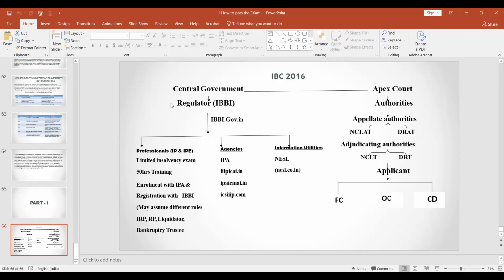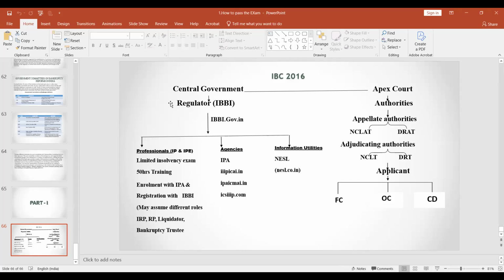So this is something similar to a college. Like if you are doing any course, what will you do? You will take admission in a college. You will enroll yourself with a college. So similarly here, as an insolvency professional, you are required to enroll yourself with an insolvency professional agency. And you have to register yourself with IBBI. Similarly, like a student will get admission in a college and he will be regulated by the university also.